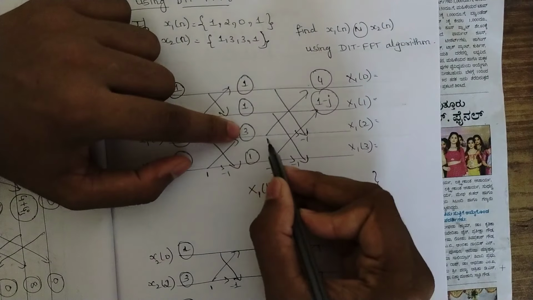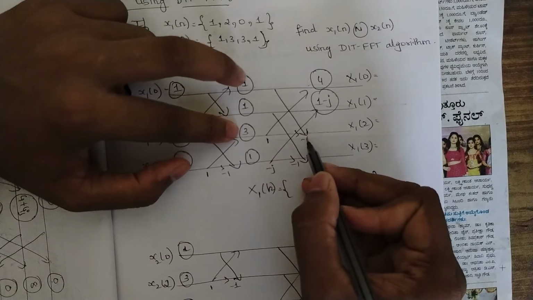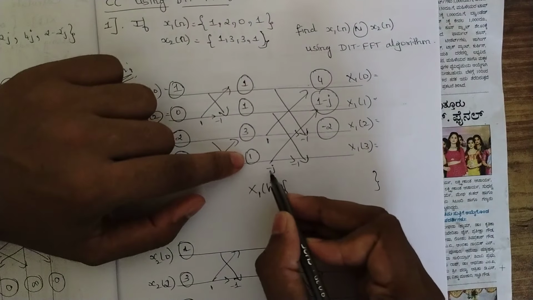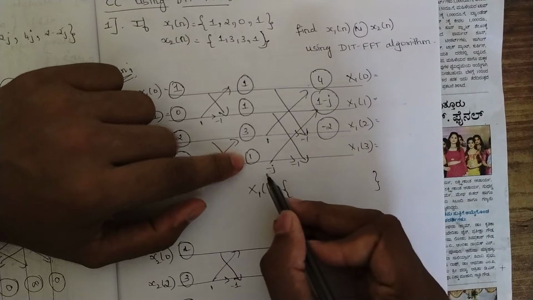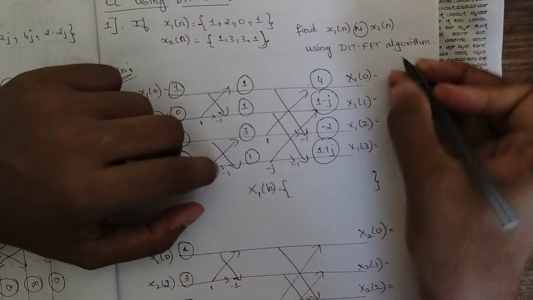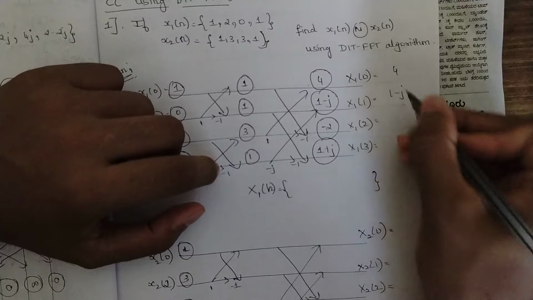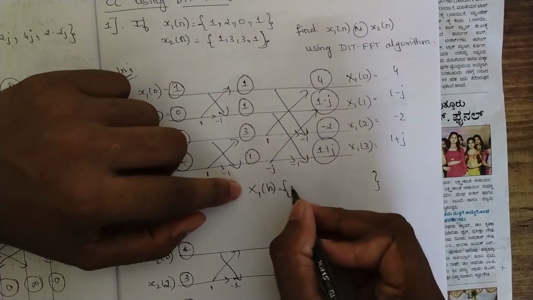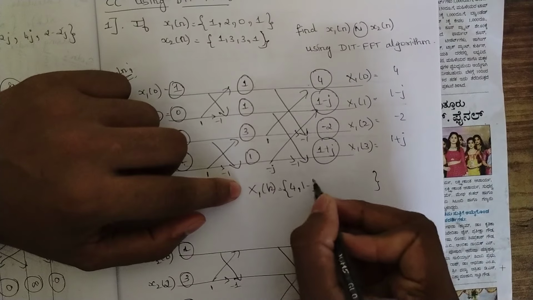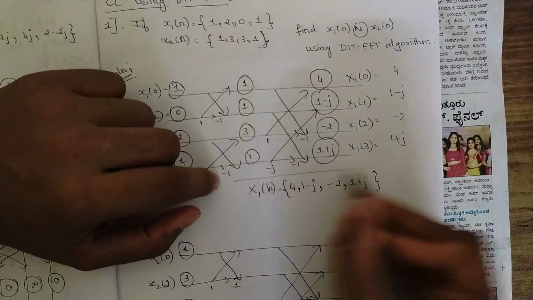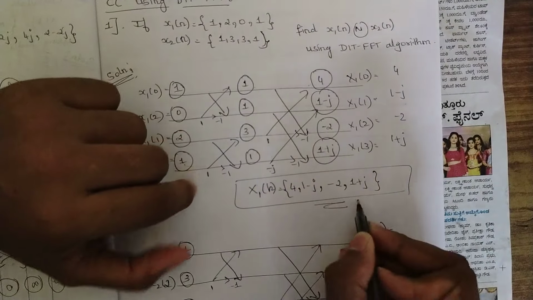Here we have 3 into 1 into -1, that is -3 plus 1, -2, and 1 into -j into -1, that is plus j and plus 1, so 1 plus j. So these are our 4 answers: 4, 1 minus j, -2, 1 plus j. This is our first sequence x1 of k.